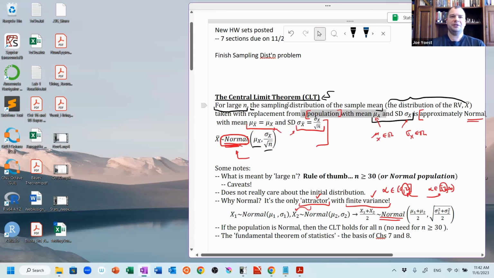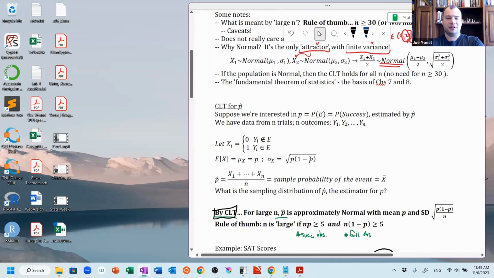And even if the population deviates pretty significantly from normality, if I have n bigger or equal to 30, I can still apply this. But there are some of them, like, for instance, the sampling distribution for the standard deviation or the variance, where we really have to lean heavily on the underlying population being normal for things to work out properly. And if the underlying population is non-normal, that becomes a much bigger problem in some other contexts.